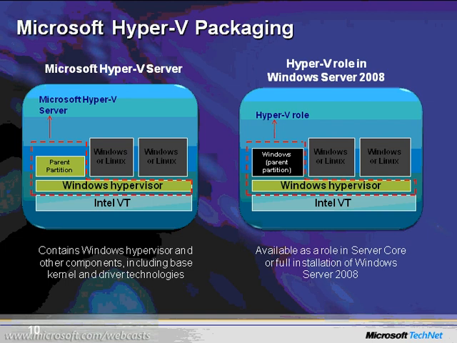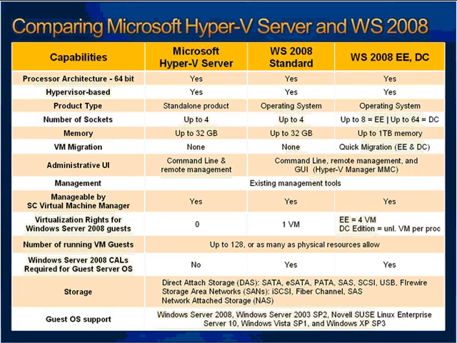We'll be looking in our demo at the second option, the Hyper-V role in Windows Server 2008, but I did want to provide a comparison of the advantages and limitations of each of these installation choices and product options for you, and I've got that on the slide that's currently displayed.